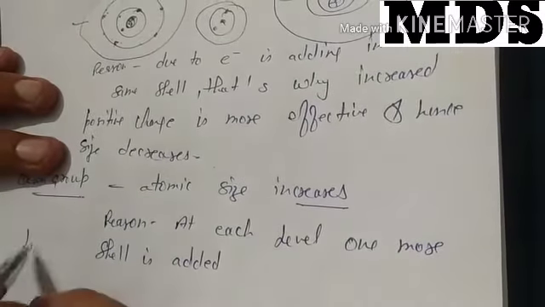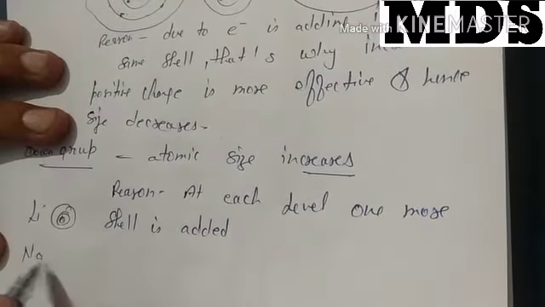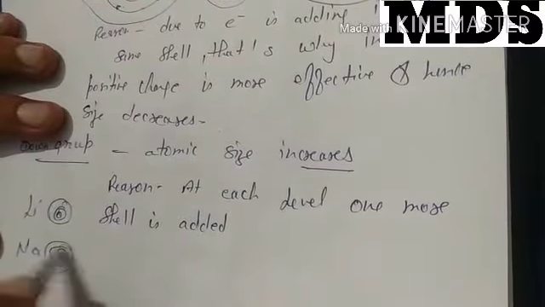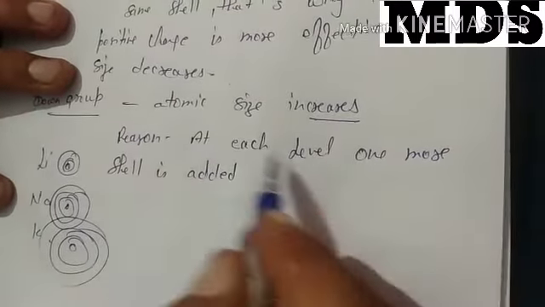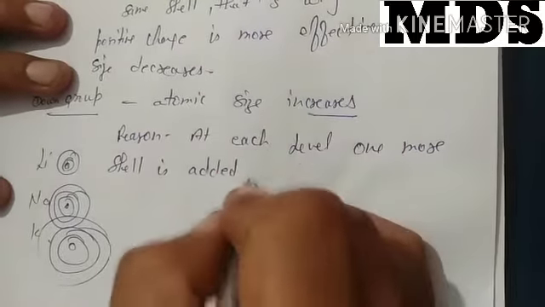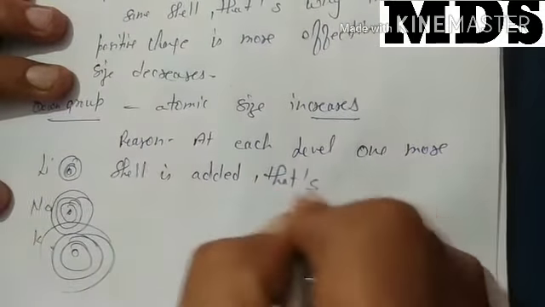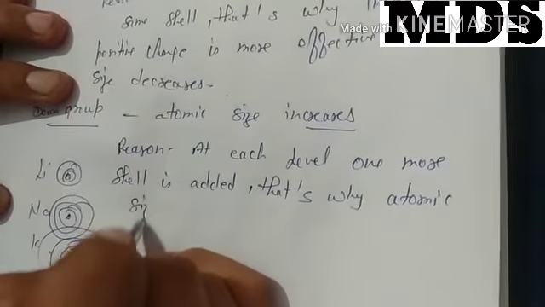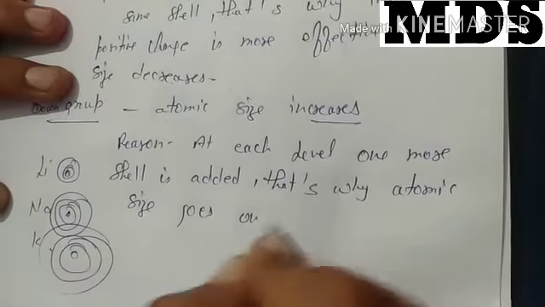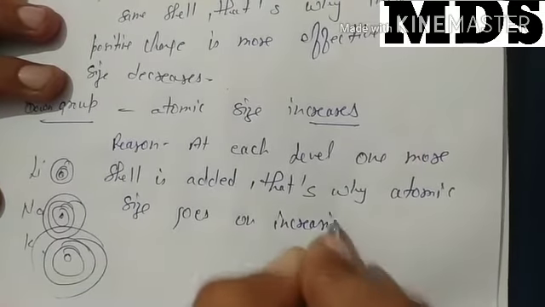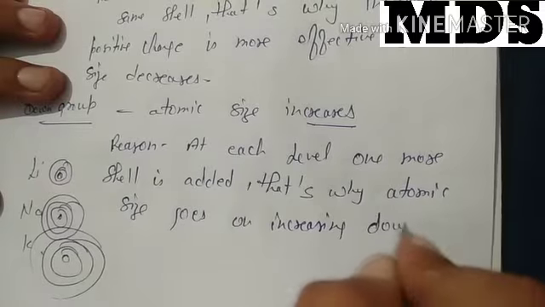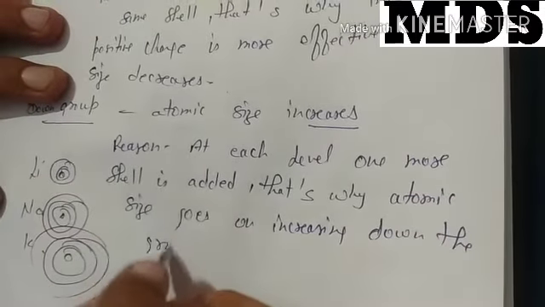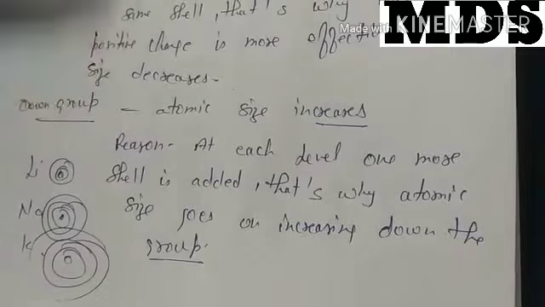You will see that in any group, let's talk about this one. This one has an atom with only 2 shells. This one has 3 shells. This one has 4 shells. So at each level, one more shell is added. That's why atomic size goes on increasing down the group.